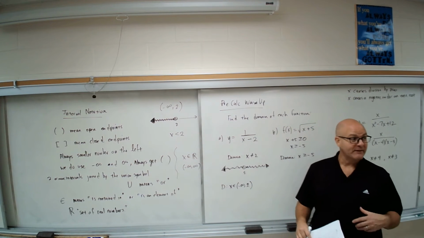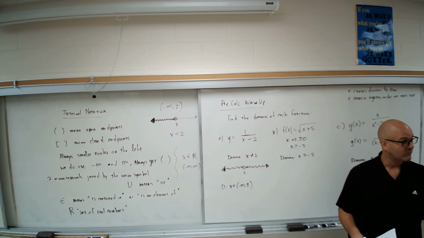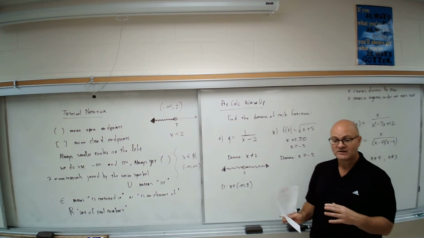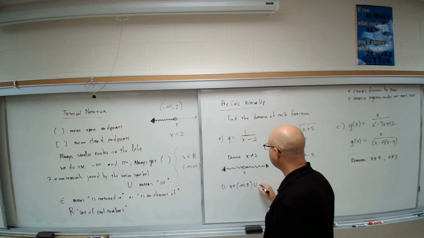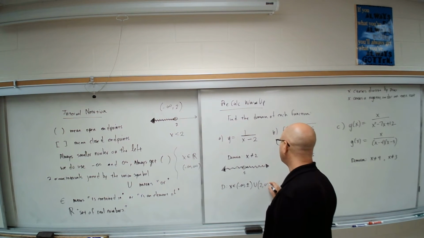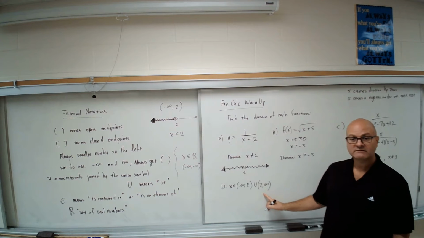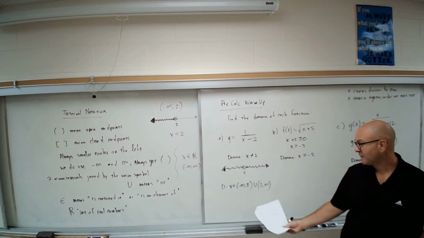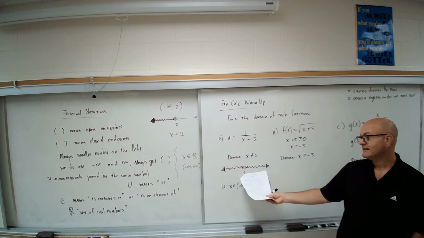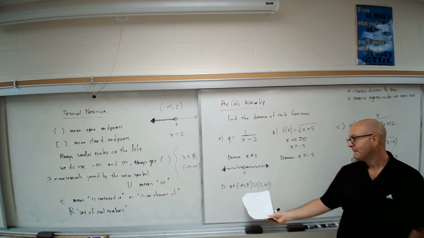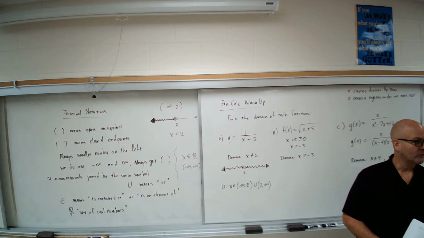And make sure your parentheses are parentheses and your brackets are brackets, and you don't get some sort of weird crossover symbol that counts for both. And then union, parenthesis 2 to infinity. Right? So that's what it would look like in interval notation. So this inequality is the same as this number line, is the same as this interval notation.